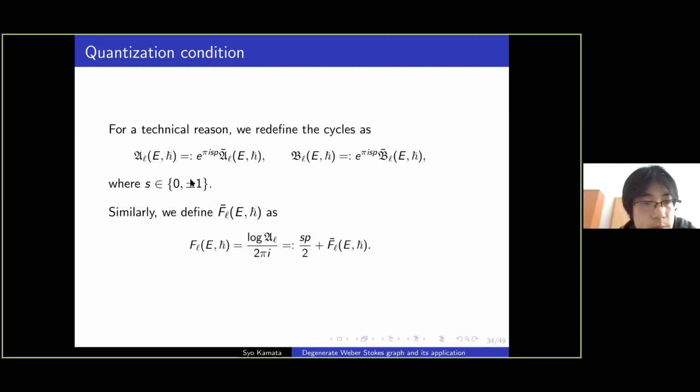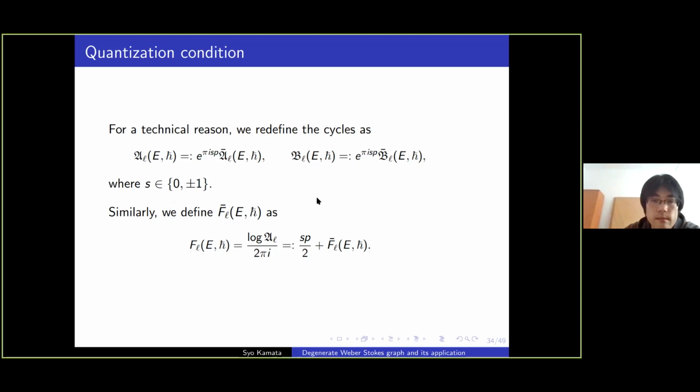So it is always +1 or -1 or 0. So we define this F so that the leading term of F bar does not have this P dependence. So this is always +1 or -1 or 0, at least in the supersymmetric case. And also we do the same thing for the B cycle.